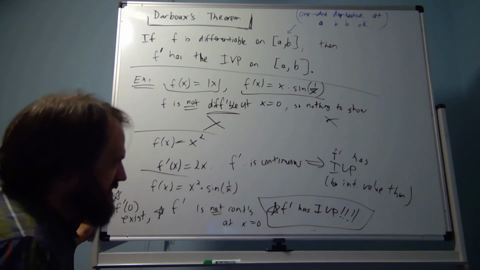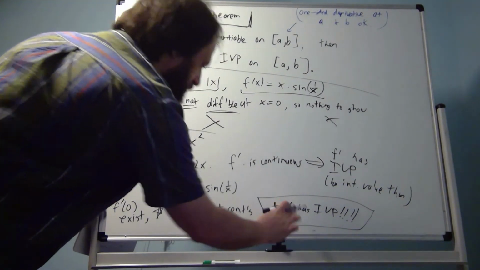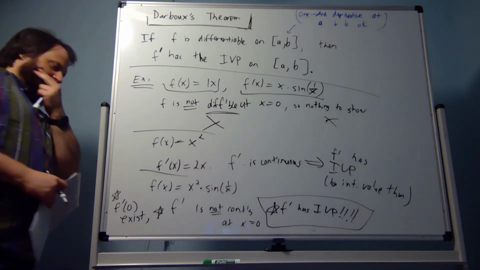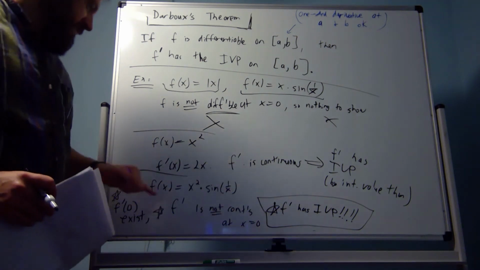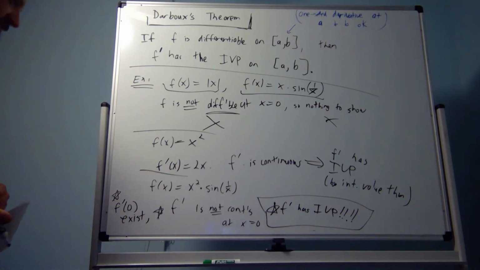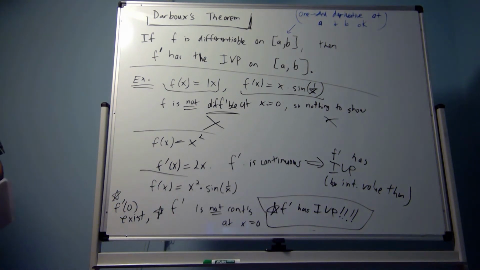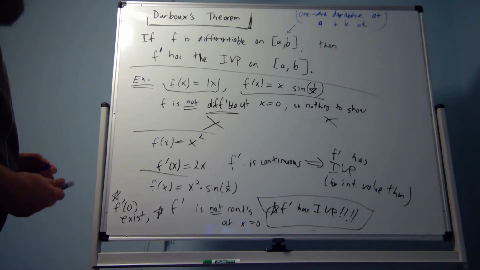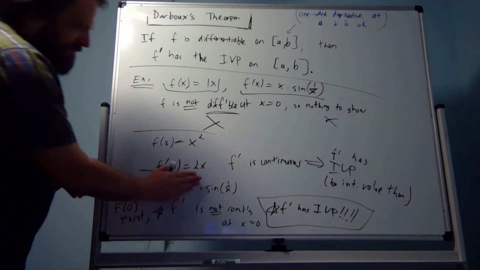And by similar arguments, well, sine of 1 over x has the intermediate value property. By very similar arguments, that f prime function, the derivative of this function, and then you plug in 0 at 0, that resulting function does have the intermediate value property. It's a very similar argument to what we did with just the plain old sine of 1 over x function.